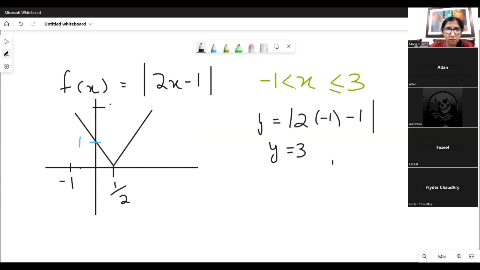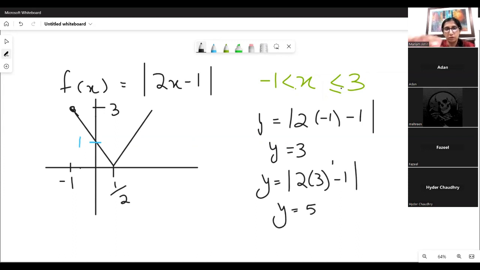So this should be shown in the graph -1, 3. और फिर कहाँ तक जाना है? +3 तक जाना है. 3 पे क्या वैल्यू है? y equals modulus 2 times 3 minus 1, which is 5. So when x is 3, somewhere over here, y is going to be 5.